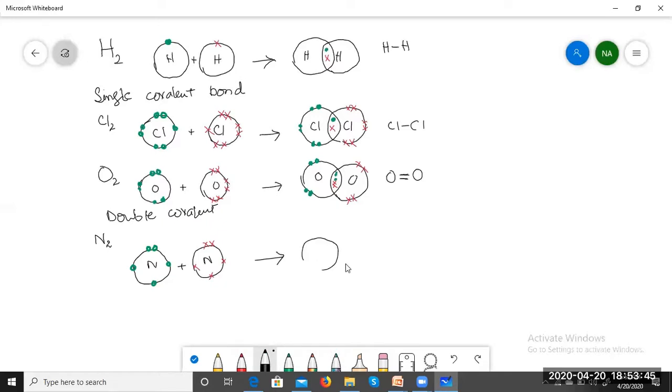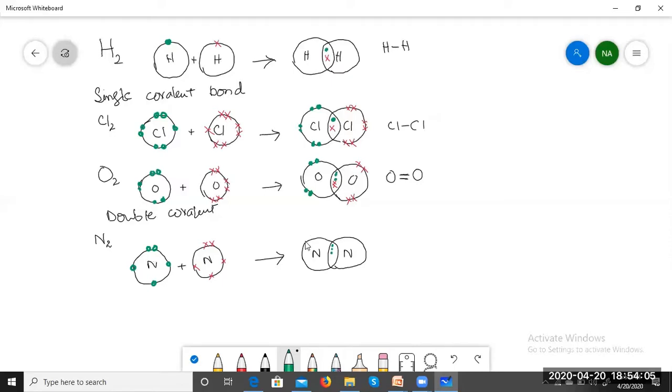Again, we are making circles with an overlapped area with the symbol in the center. So these 3 electrons are going on bonding. 1, 2, 3. And how many electrons are left here? 2.